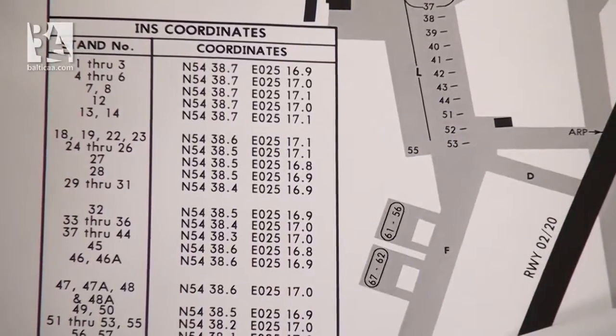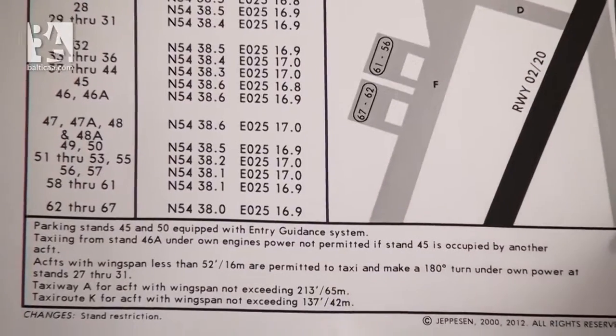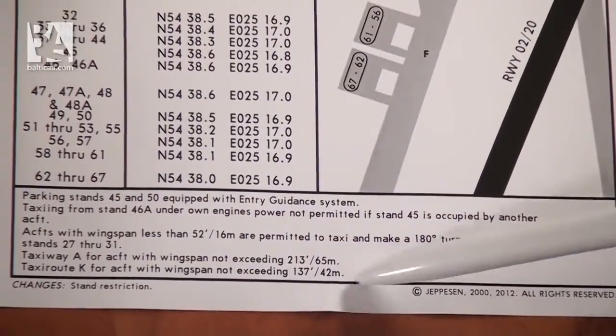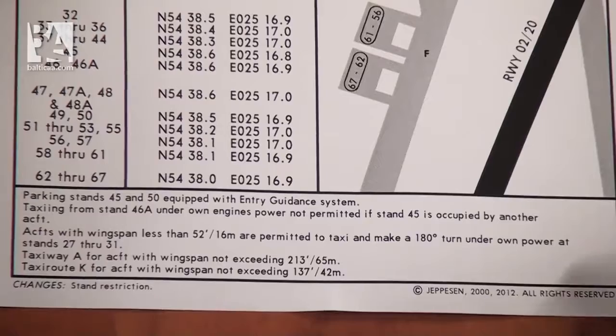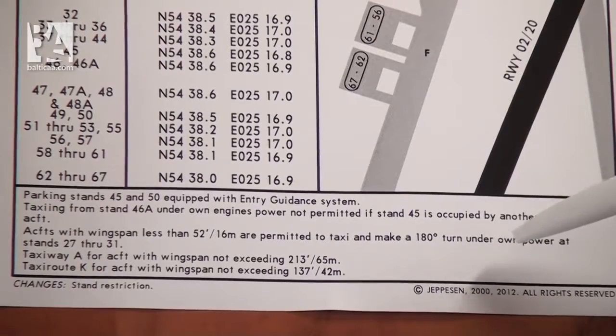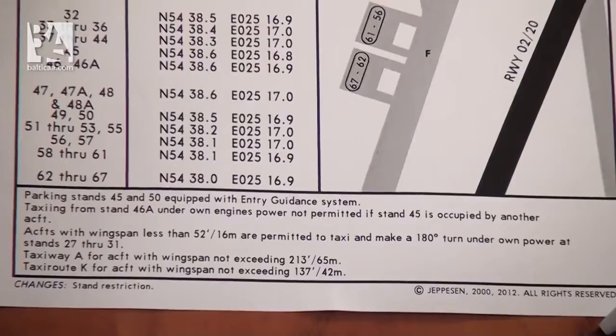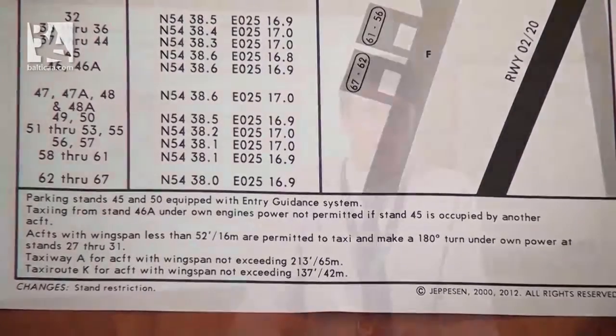And on the bottom part of the chart we have some additional information about which stands are equipped with an entry guidance system, that taxiing from stand 46A under own engine power is not permitted, and other additional information associated with parking and taxiing in the terminal area.